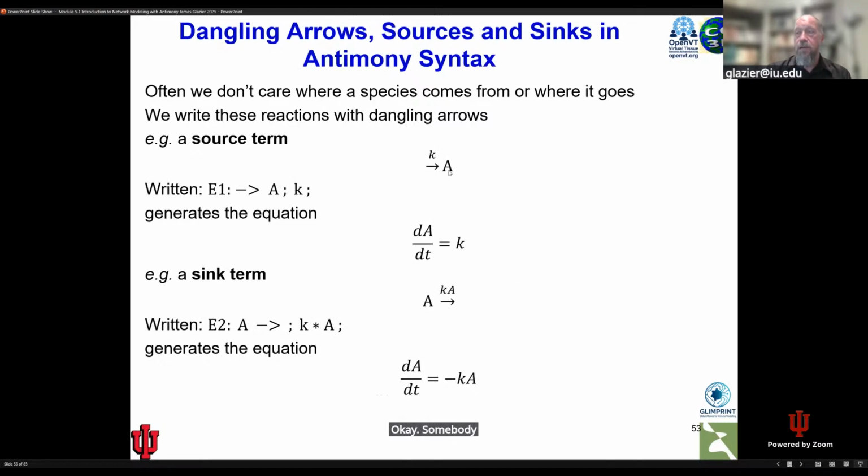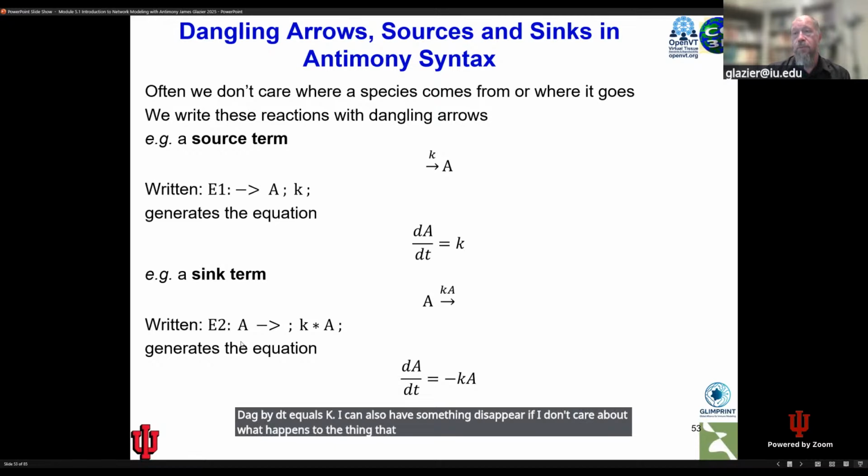Somebody asked about nothing goes to A before. Antimony will let you write dangling arrows. I can write arrow to A, which would be written E1: arrow goes to A; K. This would be the creation of A at a constant rate, dA by dt equals K. I can also have something disappear if I don't care about what happens to the thing that disappears.